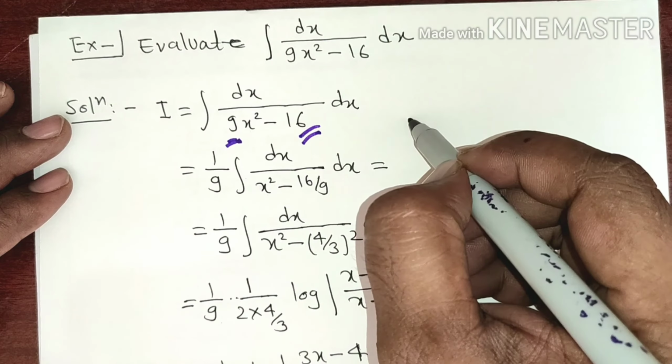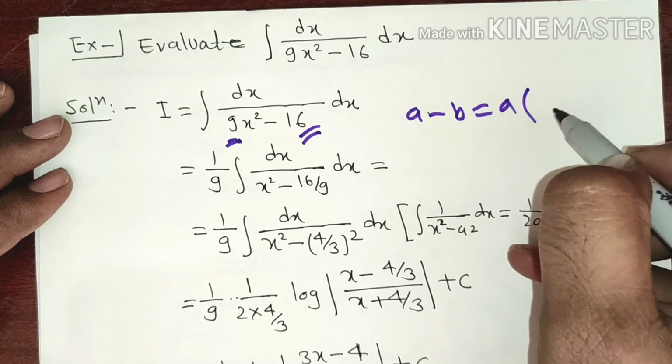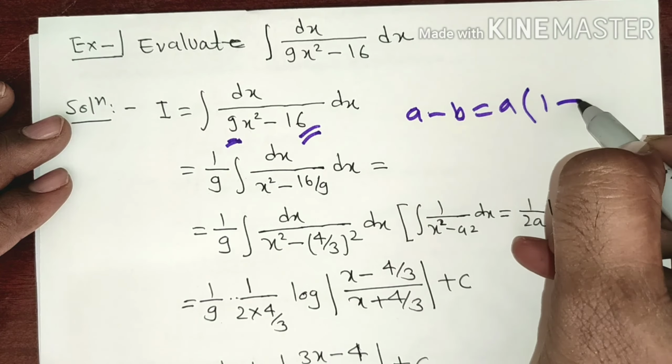See a simple example, a minus b. When we take a common, we get 1 minus, but there is no a in b, that's why we take b divided by a. The same thing will apply here. When we take 9 common, x square remains, but there is no 9 in 16, so 9 goes in the denominator of 16.